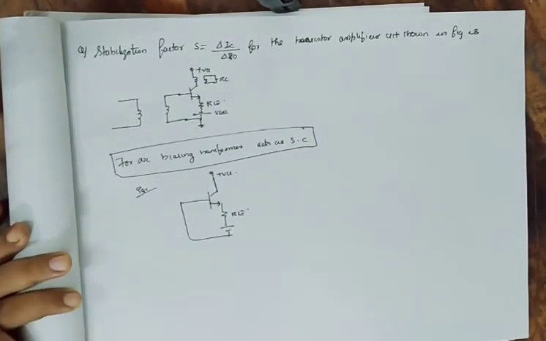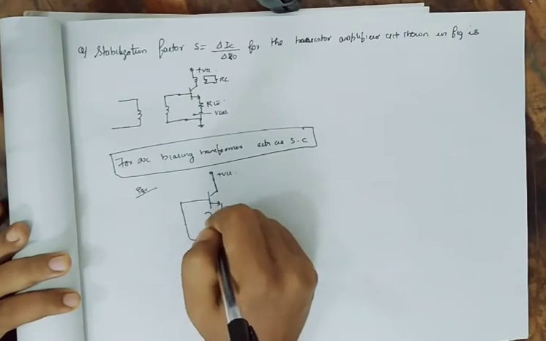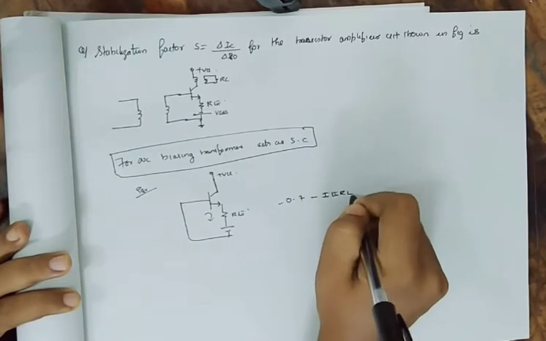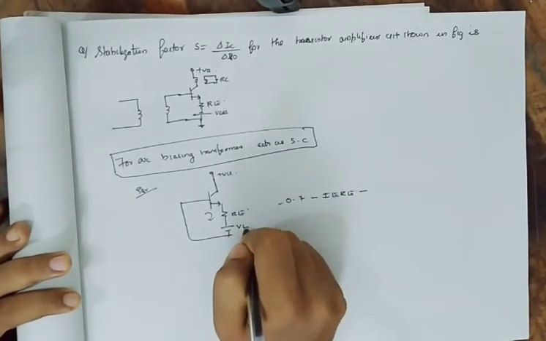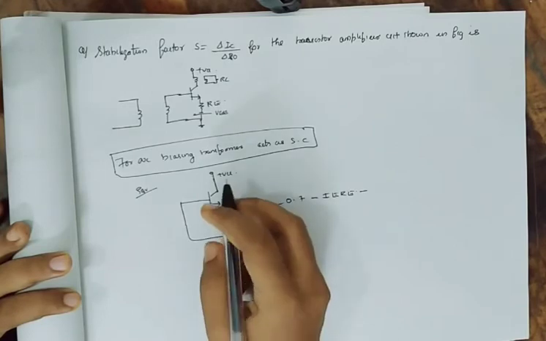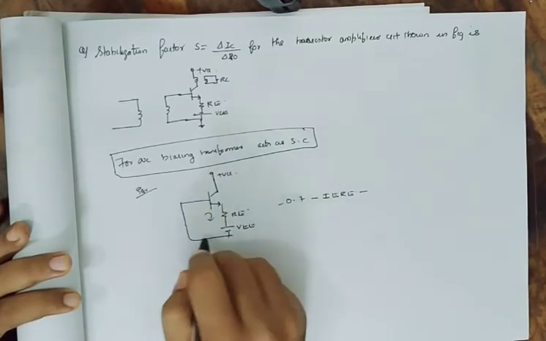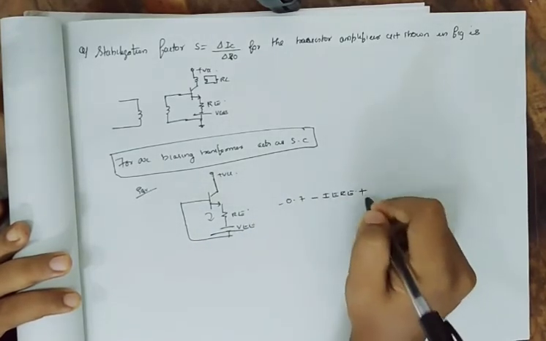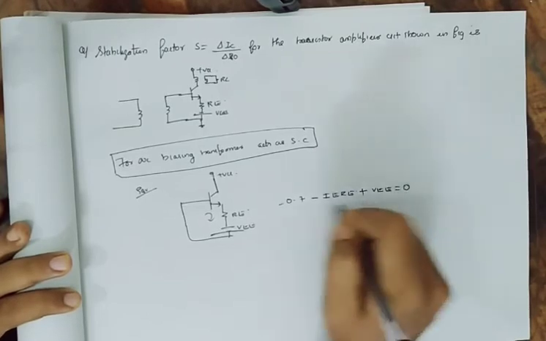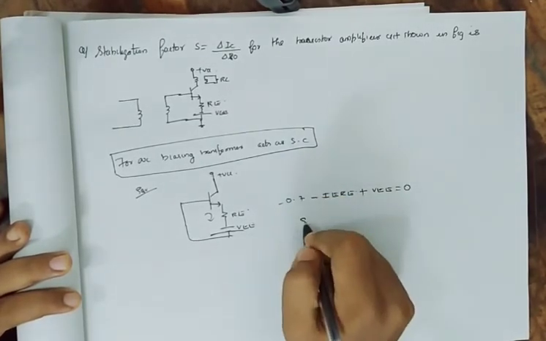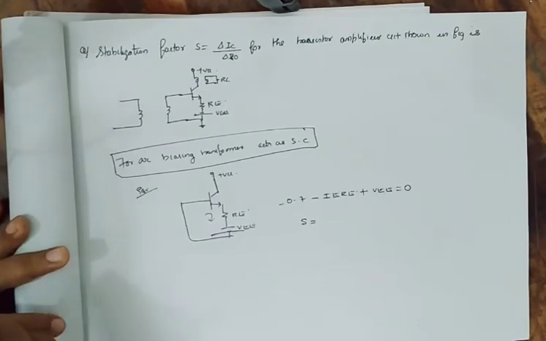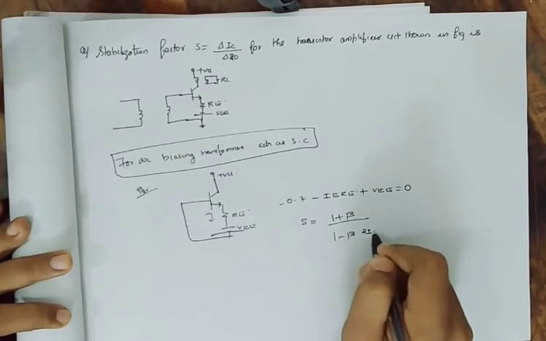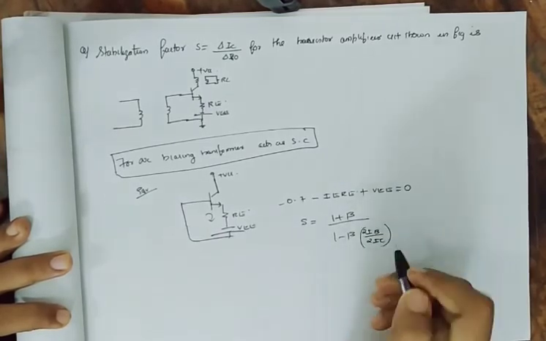And now coming back to the question, I will write the equation over here. We will get 0.7 minus IERE minus, okay, this is plus, right? So plus VEE equal to 0, and S is equal to, the general formula for S is equal to 1 plus beta divided by 1 minus delta IB divided by delta IC.